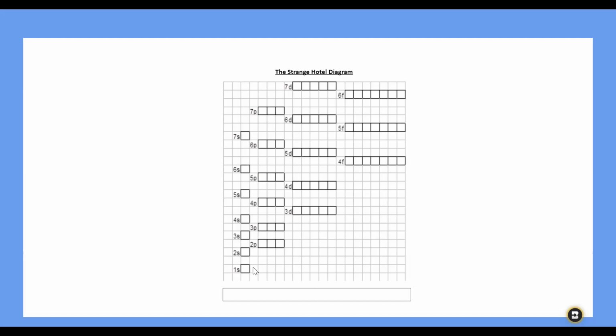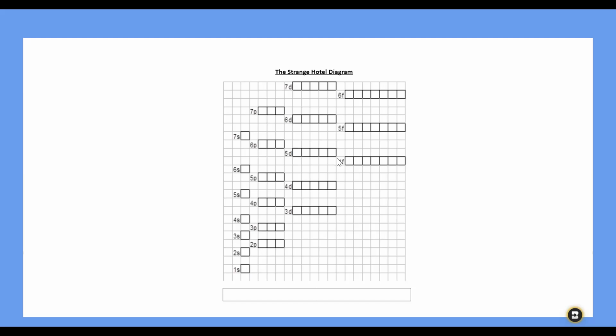You say floor 1, 2, 3, 4, 5, 6, 7. 7 floors. And there are 4 types of room. We have S type of room, P type of room, D type of room, and F type of room.